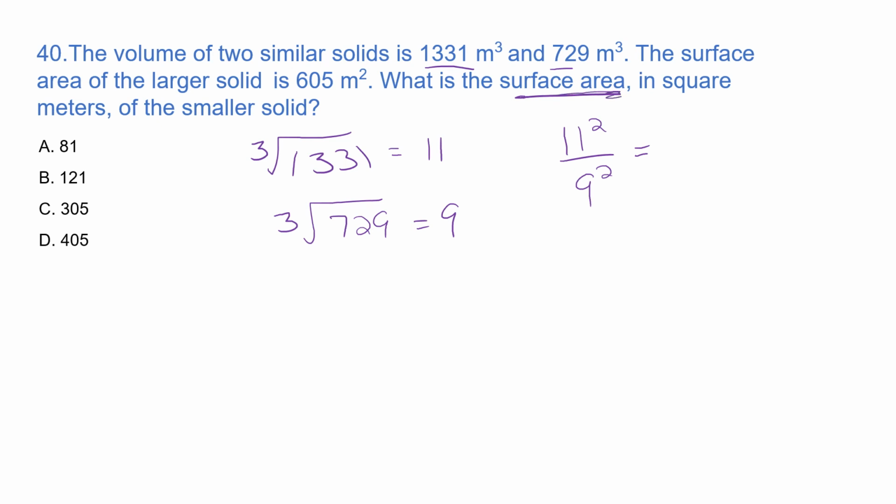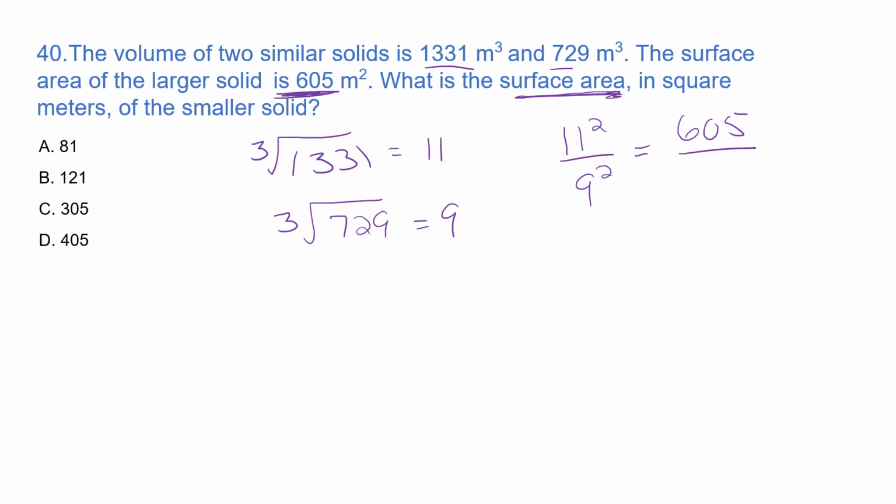Area is squared. So volume is cubed, area is squared. And so the area of the largest solid is 605. And so on the other side at the top, since 11, that's my largest portion of the scale factor, that goes with the larger solid there.